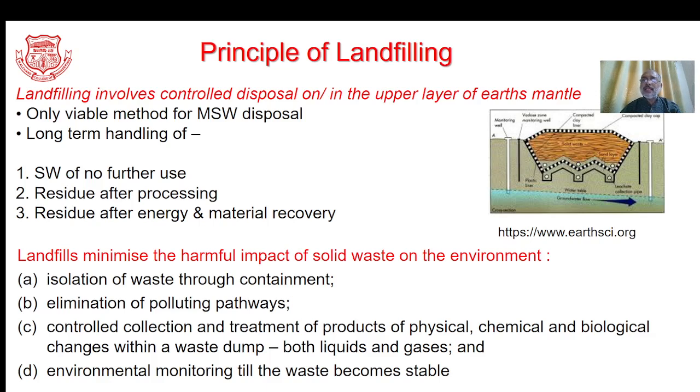As we wish to establish this pathway control, we must monitor the operation as well as the maintenance of this kind of landfill. So it could be during the operation, or even after closure of such landfills.